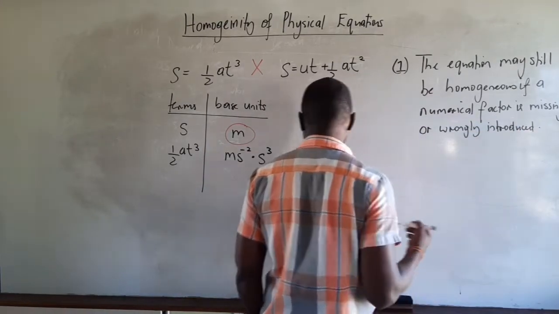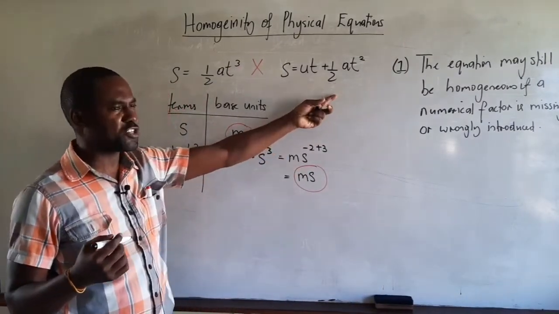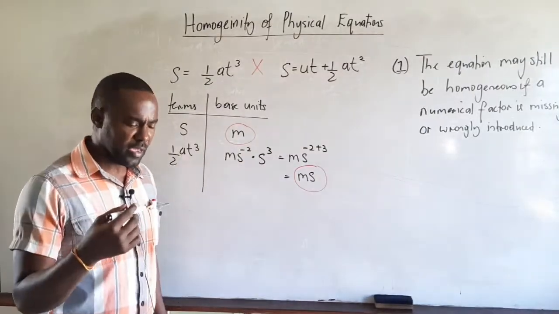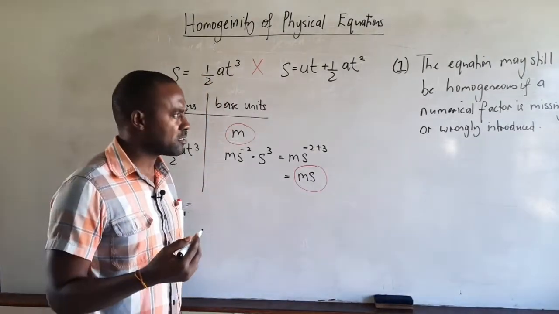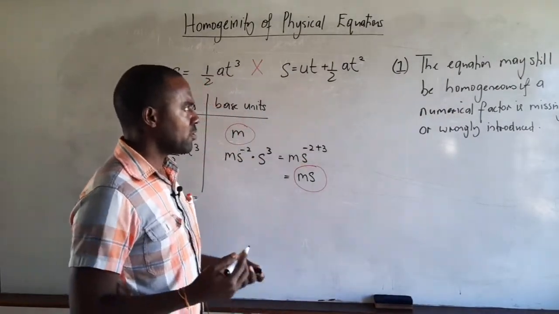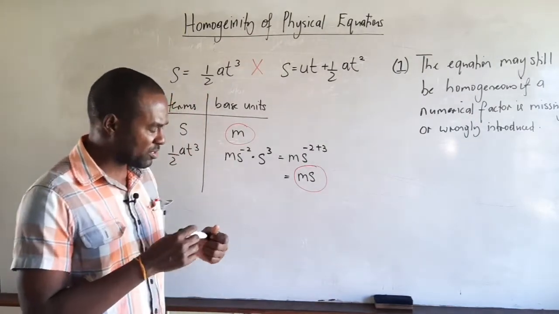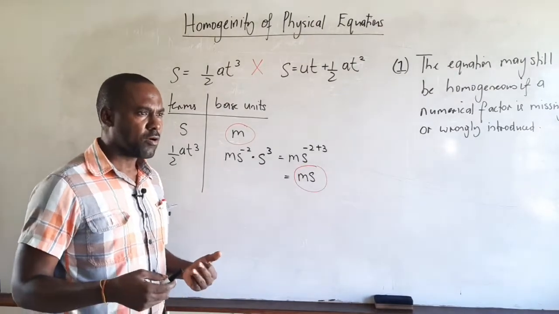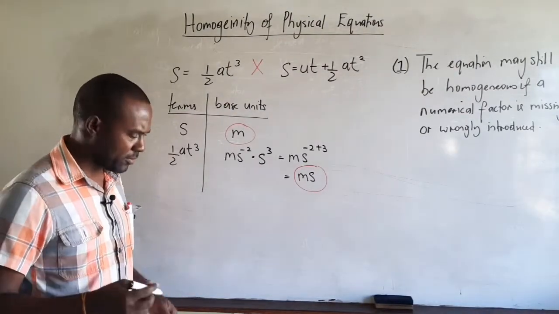Right? So basically this means that if we were to simply remove the half from this equation, it would still be homogeneous. So the method does not reveal any inaccuracies in the numerical factors or multiplying constants, right? Which is just another way of phrasing this shortcoming, right? So the equation may still be homogeneous if a numerical factor is missing or wrongly introduced. Or in other words, this method does not reveal any inaccuracy or missing numerical factor or constant, right?